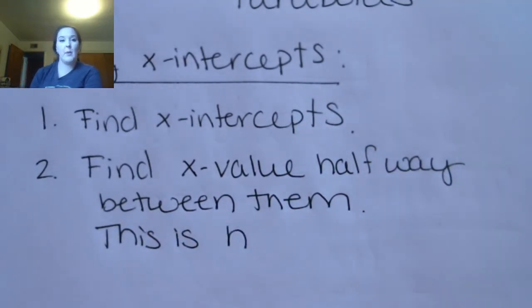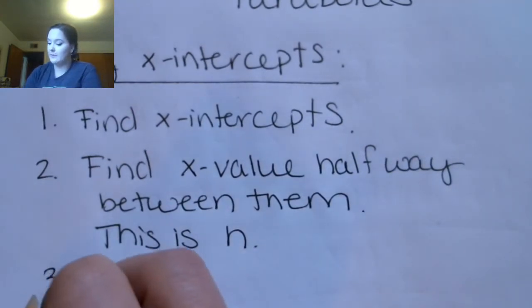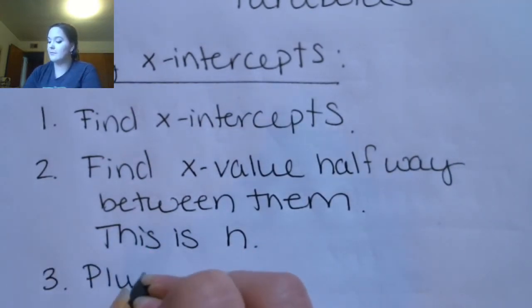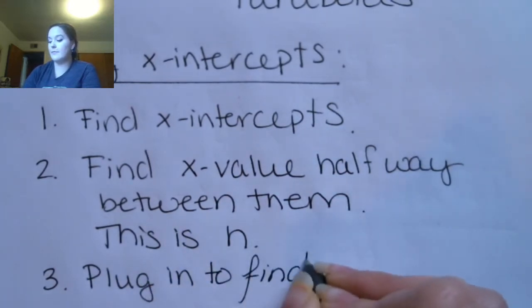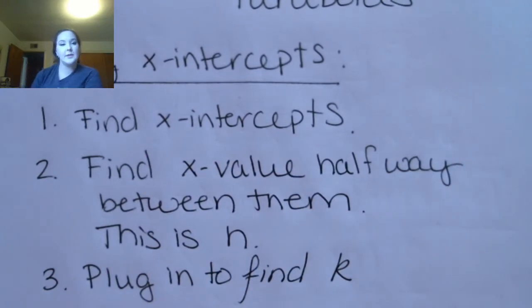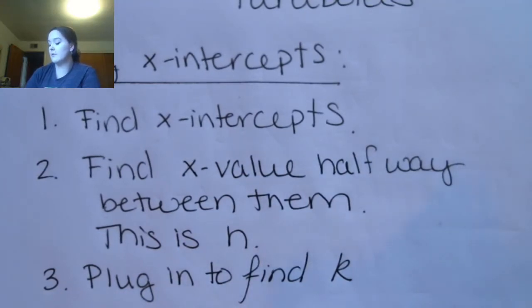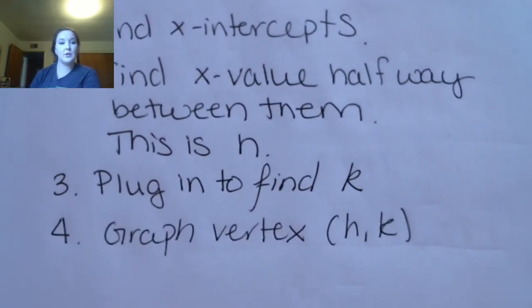Remember, we were calling the X value for the vertex H. So we can plug in this X value to get its corresponding Y value, which we were calling K. Then we can graph the vertex. And that will allow us to draw our parabola.